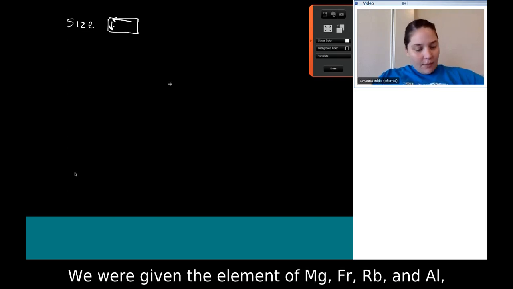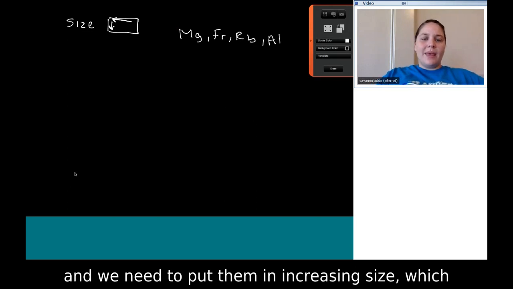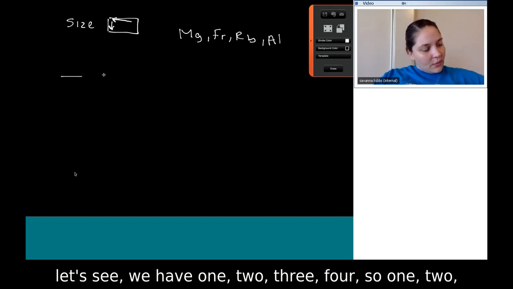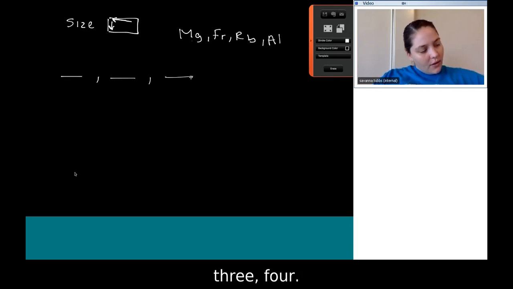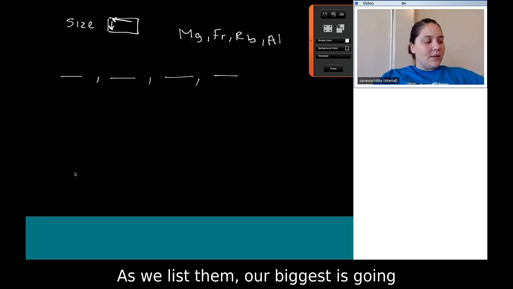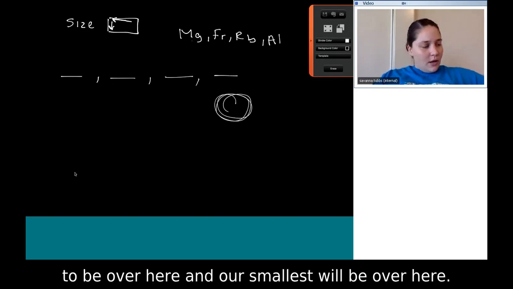We were given the elements of Mg, Fr, Rb, and Al. And we need to put them in increasing size, which means that, let's see, we have 1, 2, 3, 4. As we list them, our biggest is going to be over here, and our smallest will be over here.